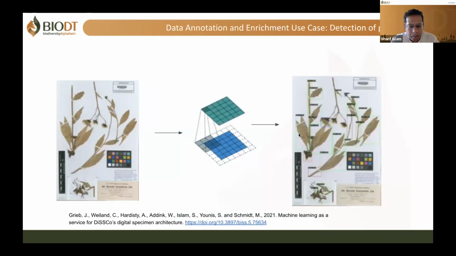Here's a quick example of how data enrichment could work, particularly in an automated and machine-enabled operation. On the left, you have the digitized image of a herbarium specimen. This is a leaf. This is a very typical way of preserving these materials, and you have all sorts of important data and labels around it.